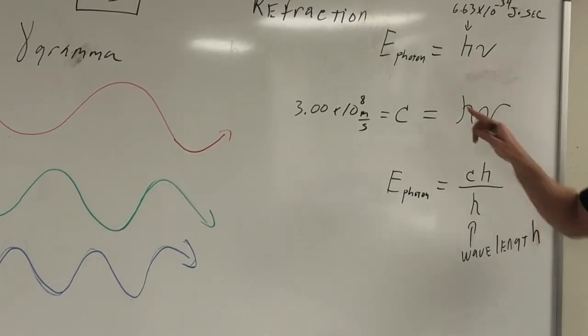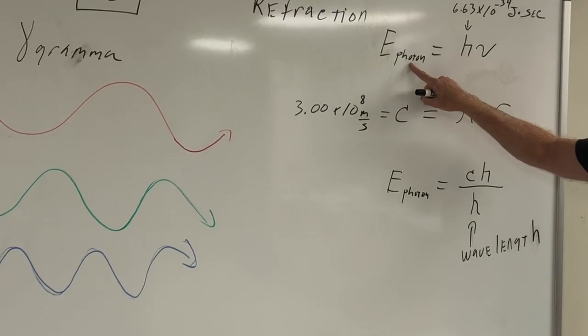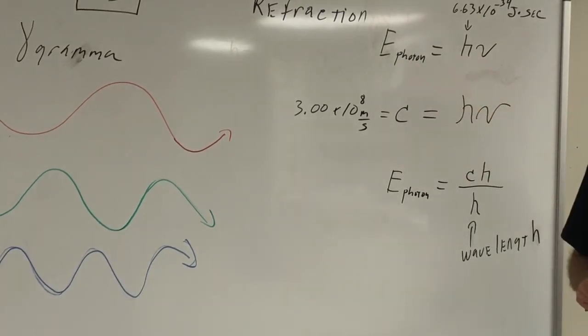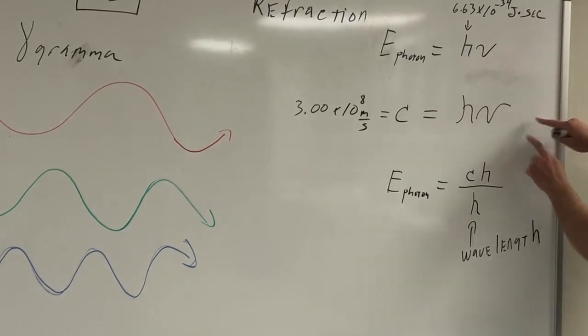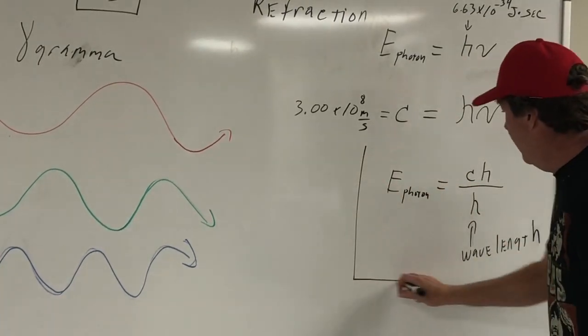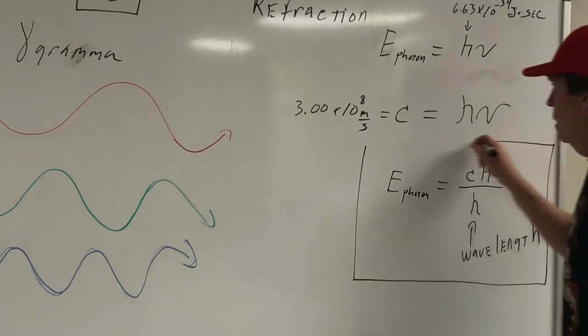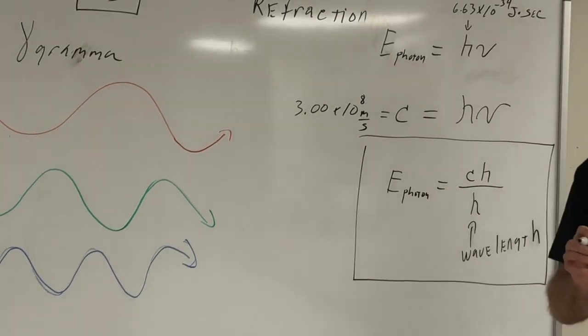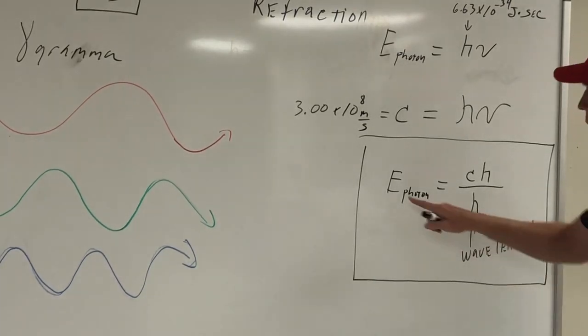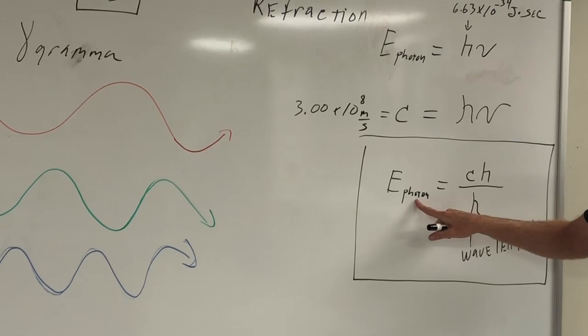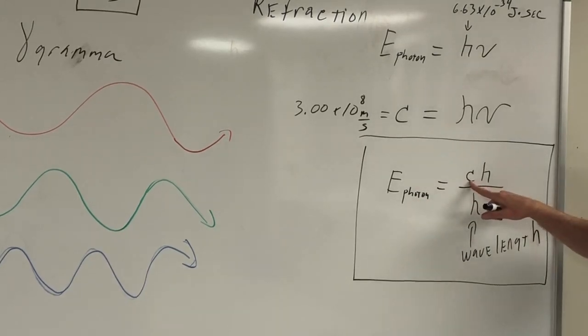Let's relate the energy of the photon to the wavelength now. So let's mathematically combine these and come up with a way to look at wavelength and relate it to the energy content of the single photon. So here's our energy of the photon. There's the speed of light.